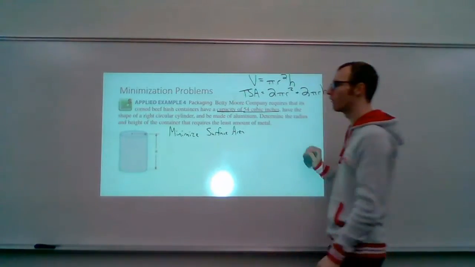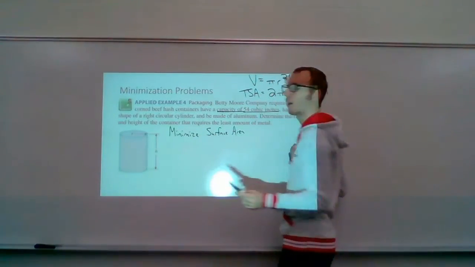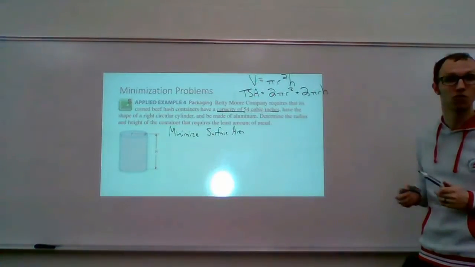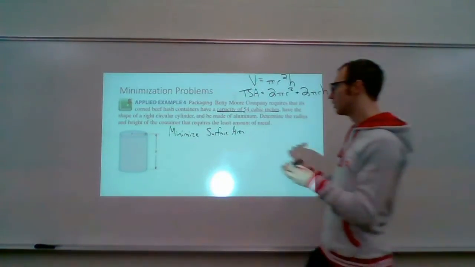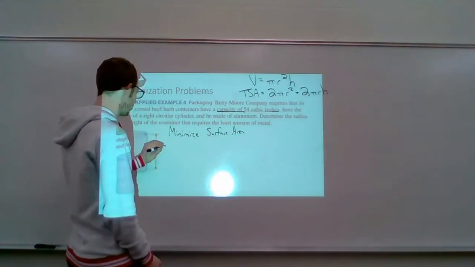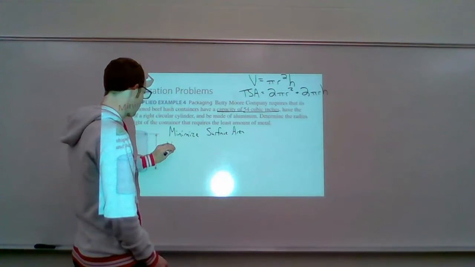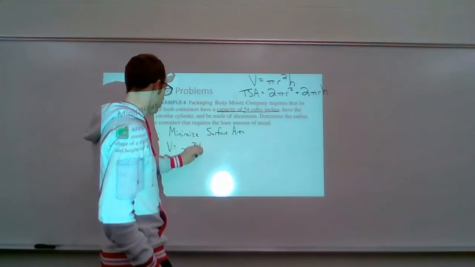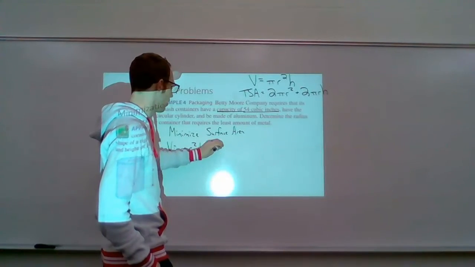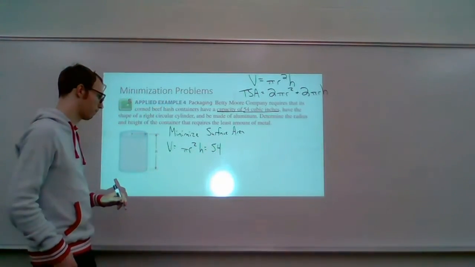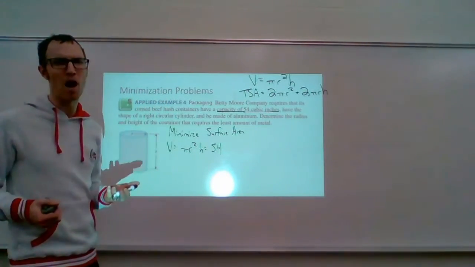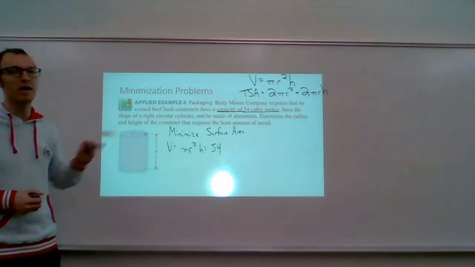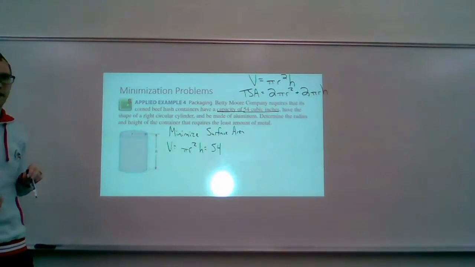My variables are r for the radius, by the way, and h for height. The problem creates those for me. So my restriction is the volume is equal to pi r squared h, which is equal to 54. Now, like in the previous problems, I'm going to solve this equation for one of my variables.